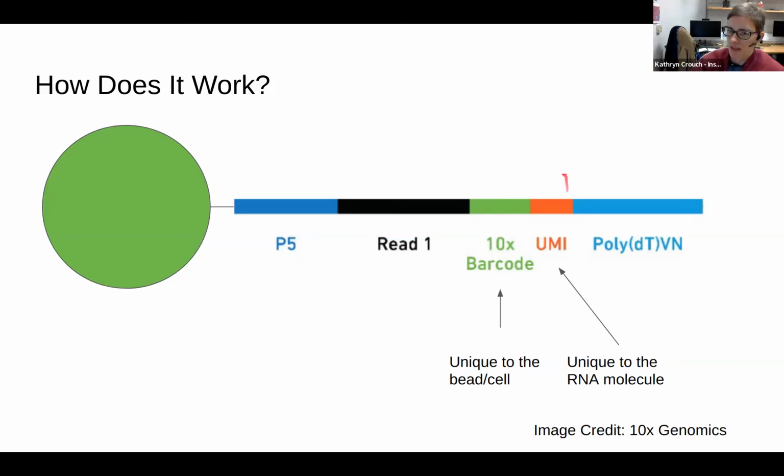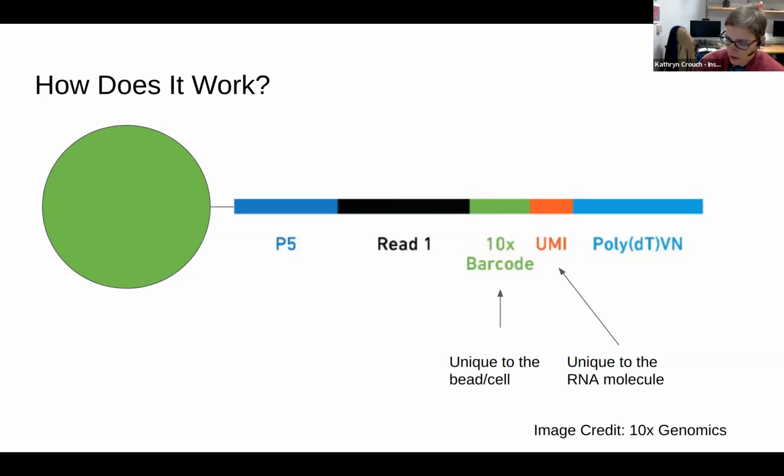The other part of this is the unique molecular identifier, or the UMI. And for this one, every oligo attached to this bead will actually have a different UMI. And what this allows us to do is to keep track of how many individual mRNAs were captured from this cell.